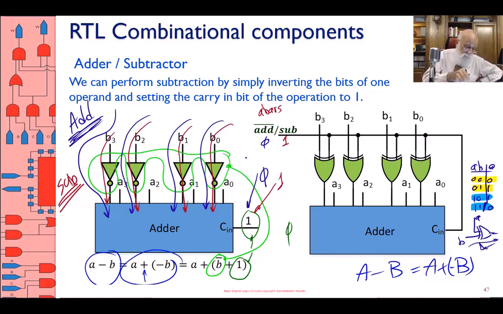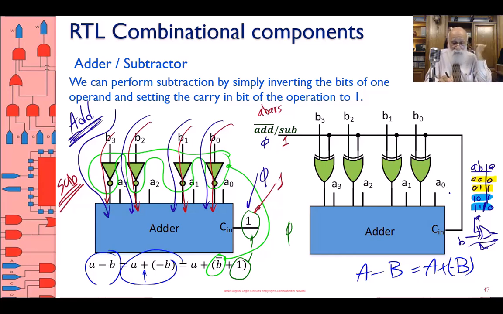Isn't this something that I wanted for the inverters in the left side adder anyway? So what I'm going to do is, instead of having the inverters, I'm going to put XOR gates. XOR gates, they have the add sub control, and therefore they're going to either complement the B or let B go through.